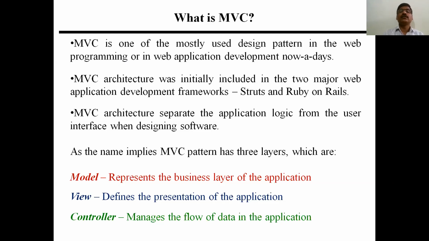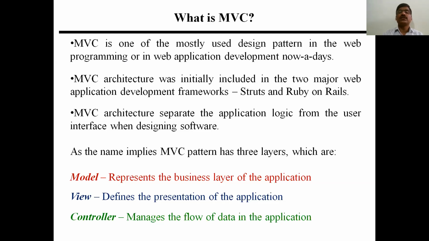in this particular slide, I just want to describe what MVC is. Just now I told that MVC is one of the most used design patterns in web programming or in web application development nowadays.